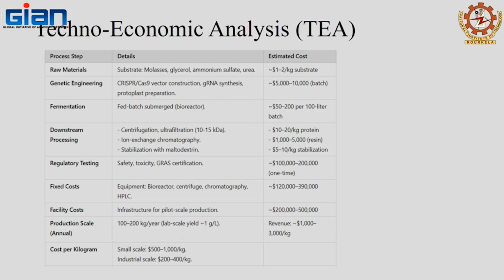Once we have transformed the gene into the particular Aspergillus species, there is no need of further capital investment once we have set up everything. Even nowadays most of the bioreactors are completely automated, so manpower requirement is comparatively less, and the costs are represented in US dollars for better understanding.